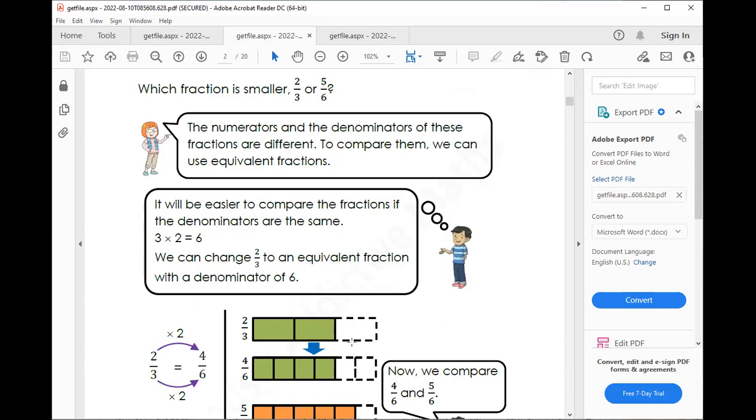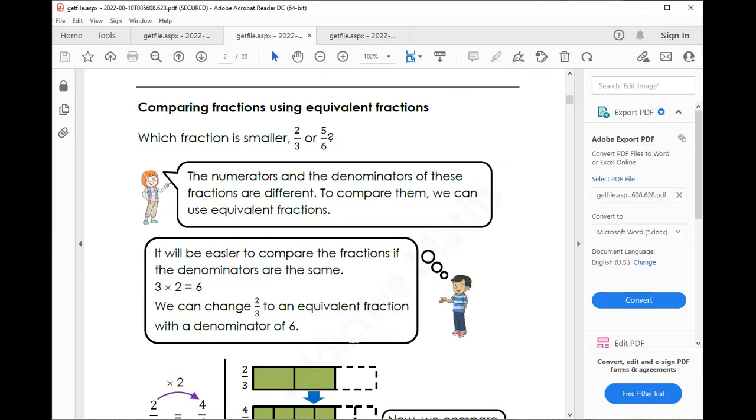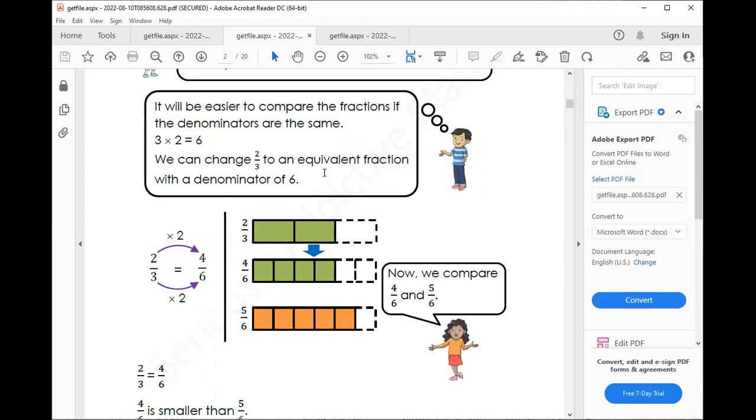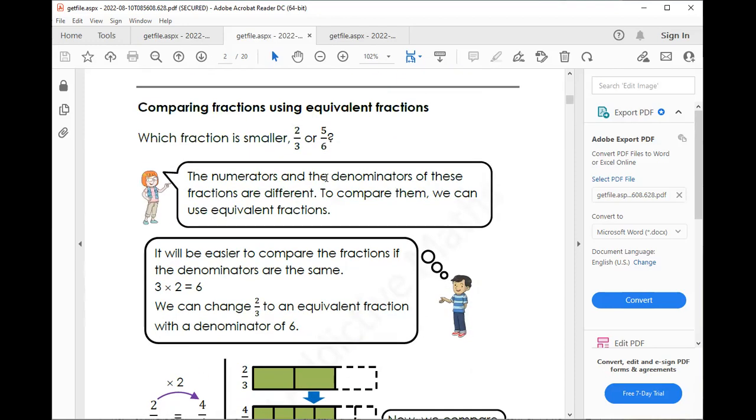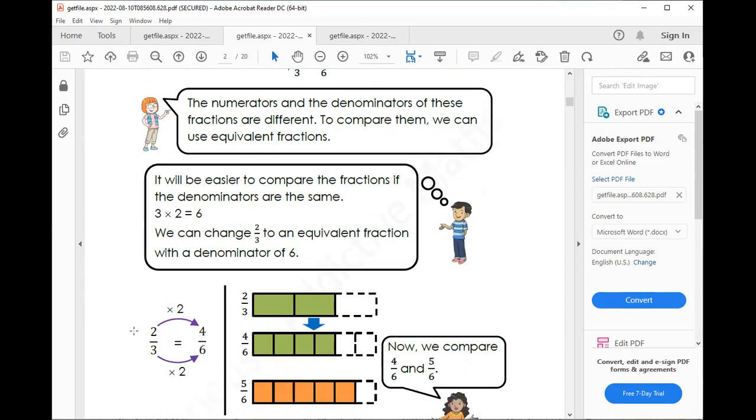Then we do comparison. How do we compare equivalent fractions? Here we have which fraction is smaller, 2 out of 3 or 5 out of 6. A few ways to do it. First of all, if you want to compare them, make sure that they have the same common denominator.